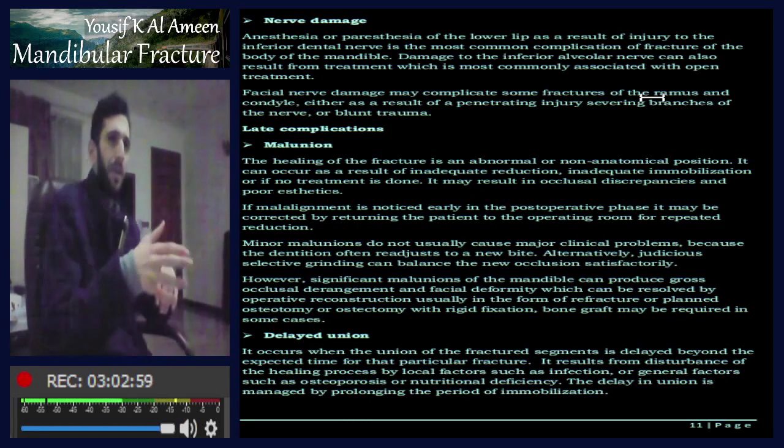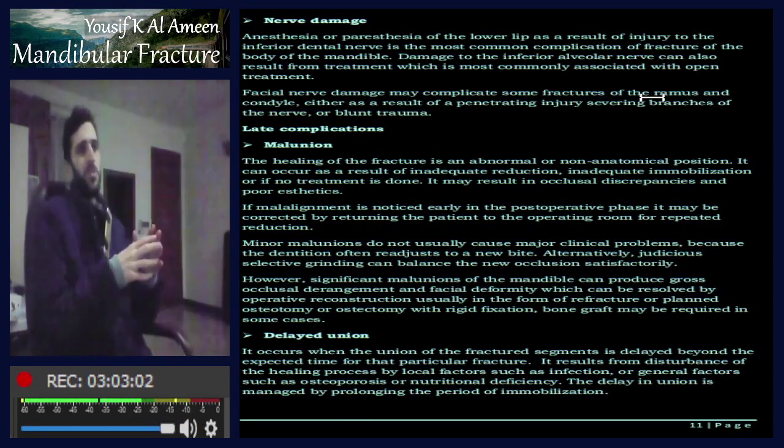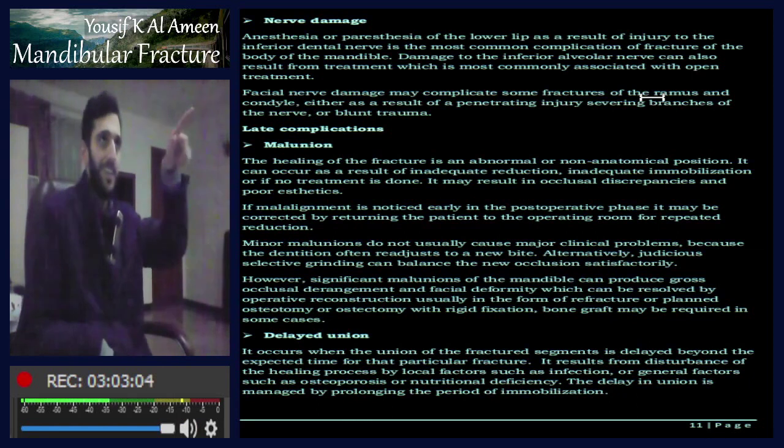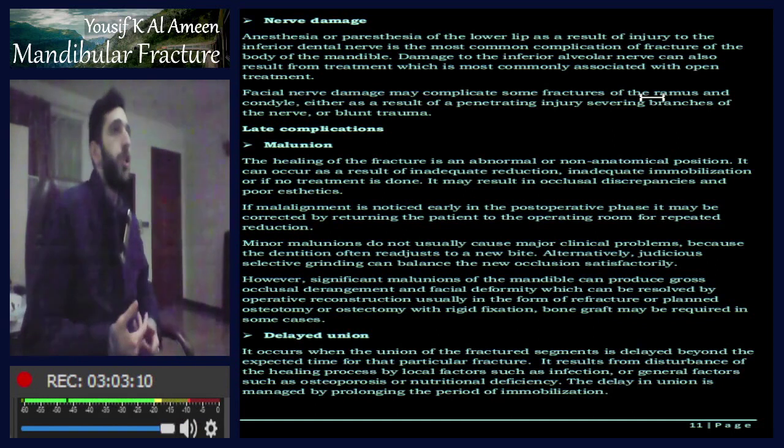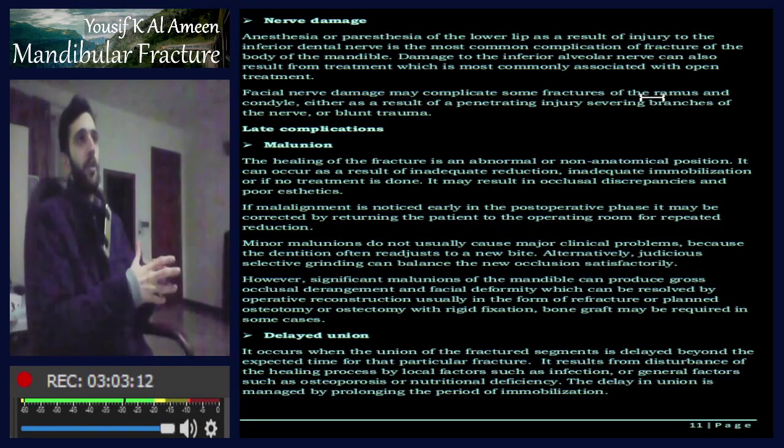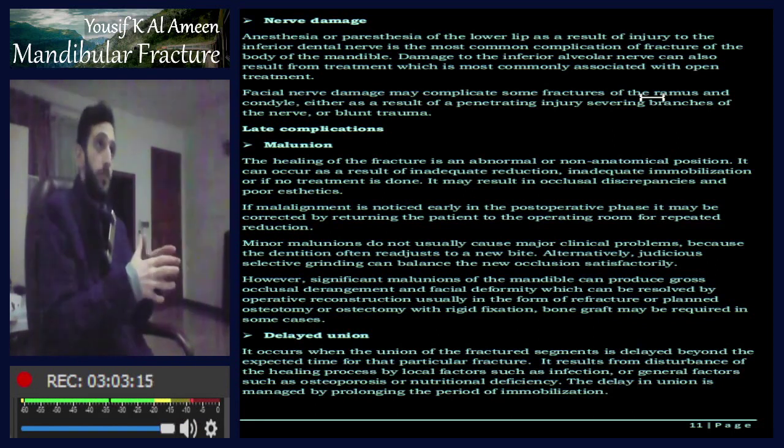Let's talk about the nerve damage. Anesthesia or paresthesia of the lower lip as a result of injury to the inferior dental nerve is the most common complication.